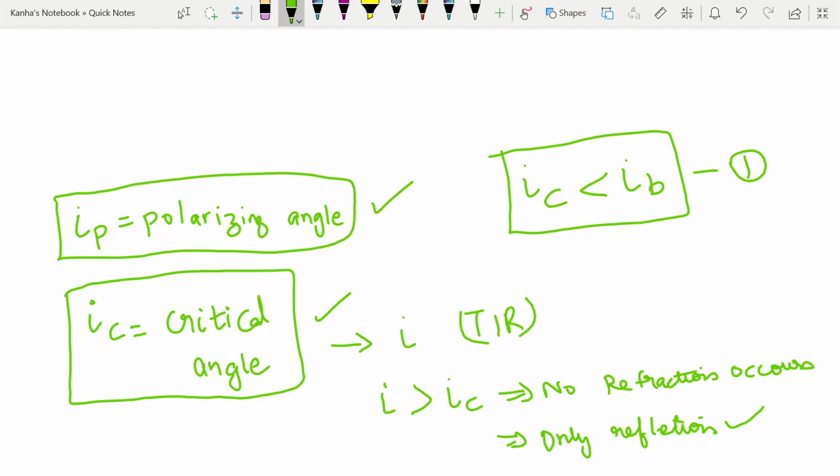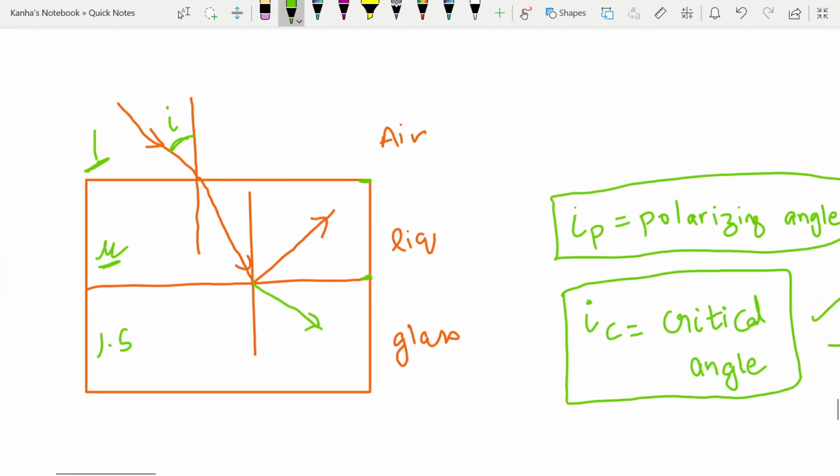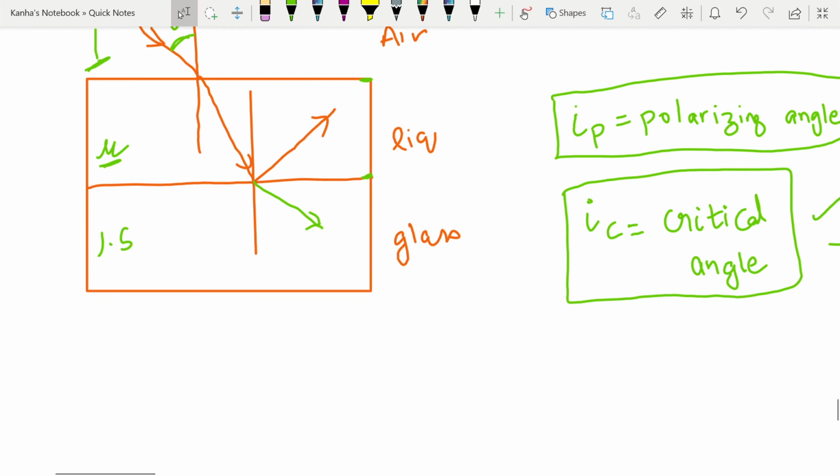Now let's proceed with the question. So my critical angle, let's say sine of my critical angle IC is equal to the refractive index of the rarer medium by refractive index of the denser medium, which is equal to, let's say, n21 or mu21.